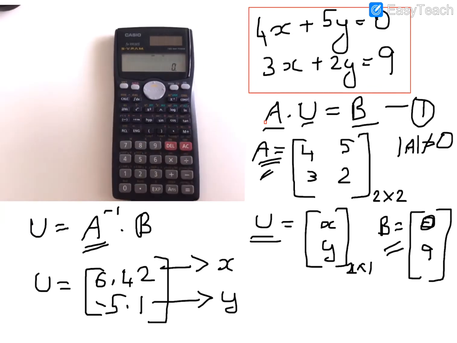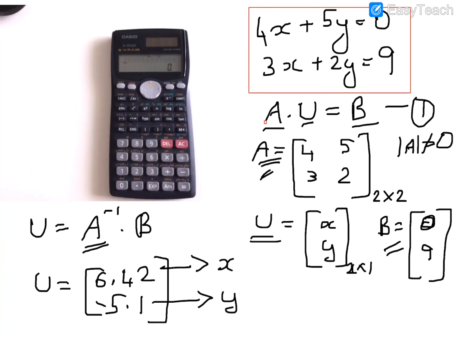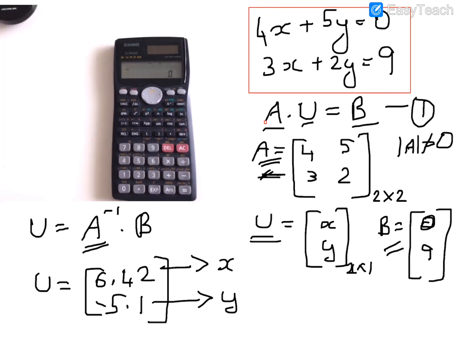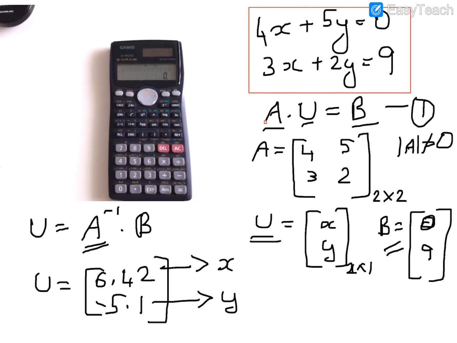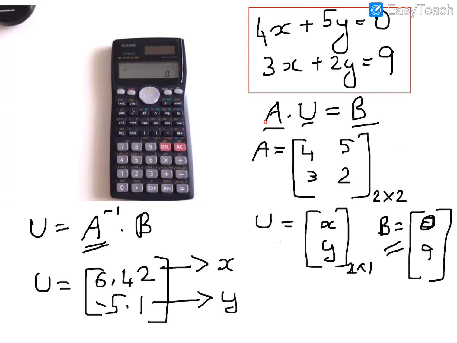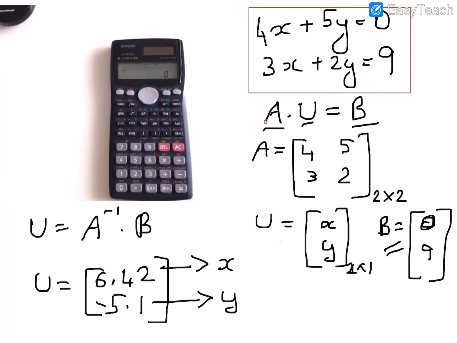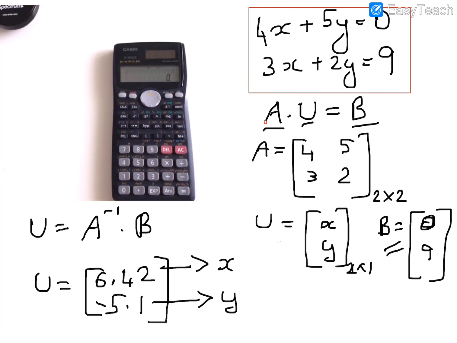So that is how you use the matrix method. So the algorithm is pretty simple. You form a coefficient matrix first. I'm going to erase some of these things that I have here, so you get a better understanding. All right. So the first thing to do is form a coefficient matrix.